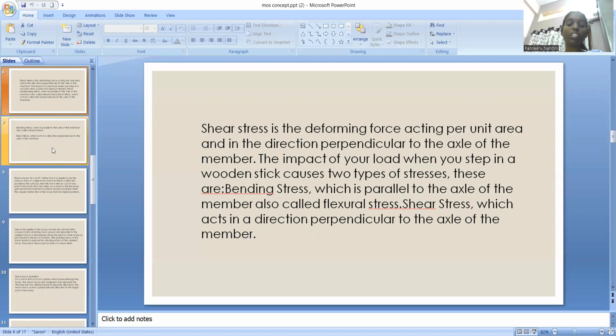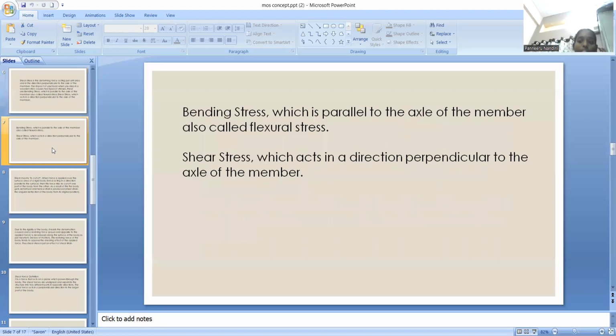These are bending stress, which is parallel to the axis of the member, also called flexural stress, and shear stress, which acts in a direction perpendicular to the axis of the member.